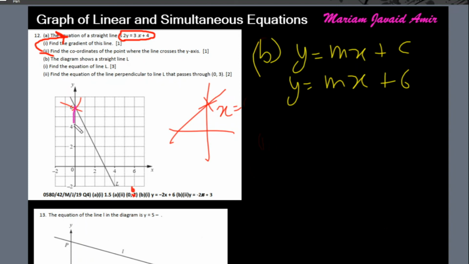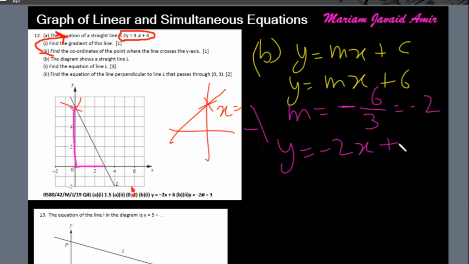So 6 to 0 is the rise and 0 to 3 is the run. So m equals minus, because it's a falling line, minus 6 over 3, which gives us minus 2. So y equals minus 2x plus 6. So this is the equation answer for B1.